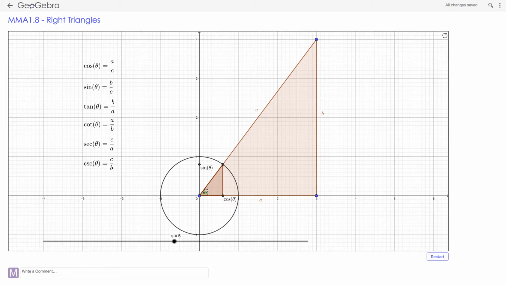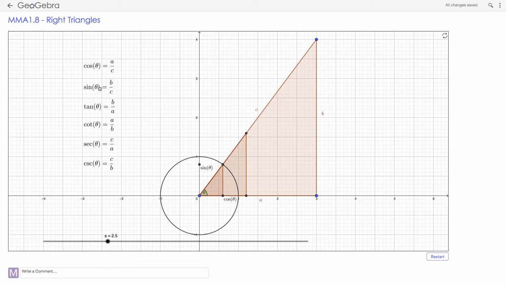Well, this length should be 1, right? So if we want to scale this big triangle to have the same shape and size as this one, we should divide everything by c, right? If we divide everything by c, then this is a over c, and then we get cosine, right? So cosine is equal to a divided by c.